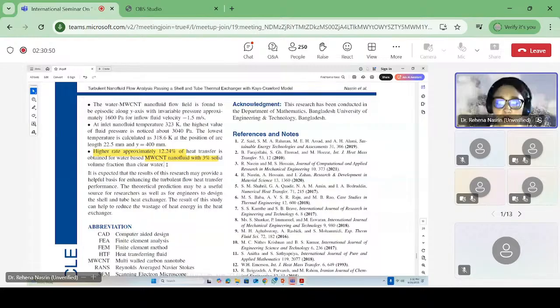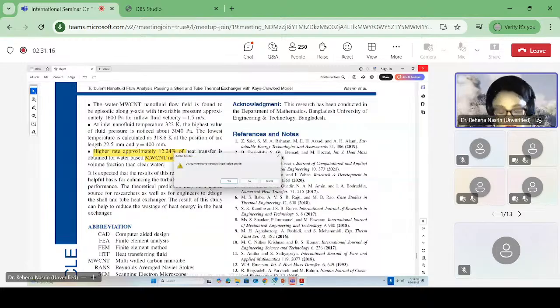They can just buy nanopowder from the market, and then they have machinery to mix the nanopowder and the base fluid, and after that they shake it well and perform the experiment. But in my country we have no such kind of facility. So this is one research paper I have.